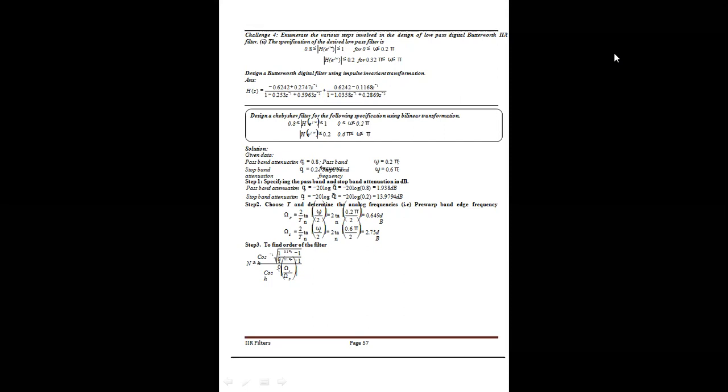We know the formula: n should be greater than or equivalent to cosh inverse of square root of (10 to the power of 0.1 alpha p minus 1) divided by (10 to the power of 0.1 alpha s minus 1), divided by cosh inverse of omega s divided by omega p. Substituting all that, we get n greater than or equivalent to 1.207.